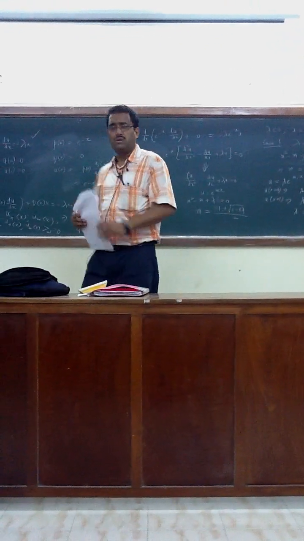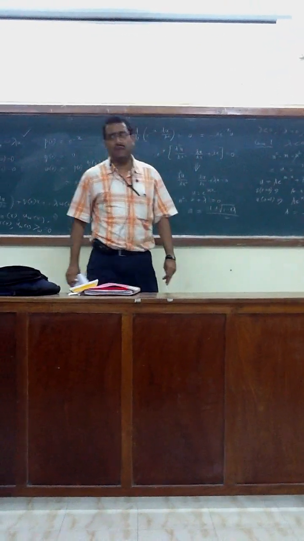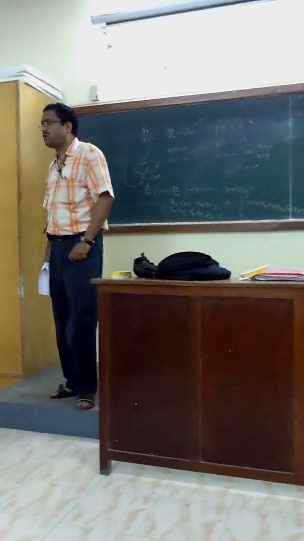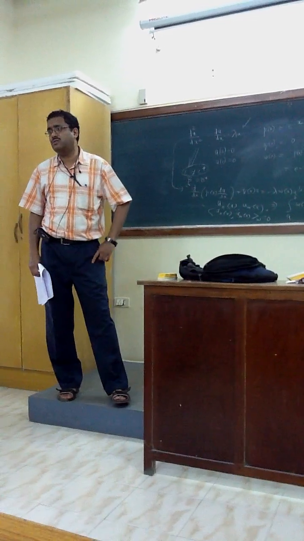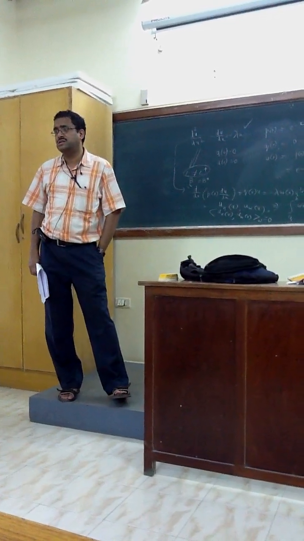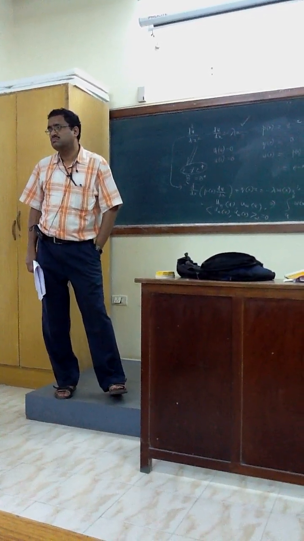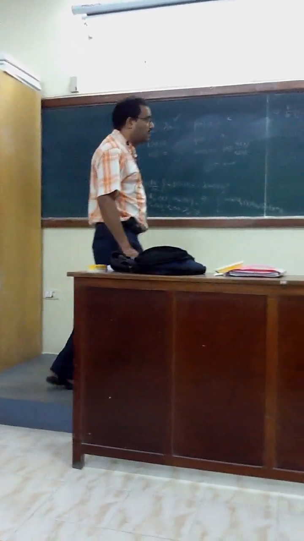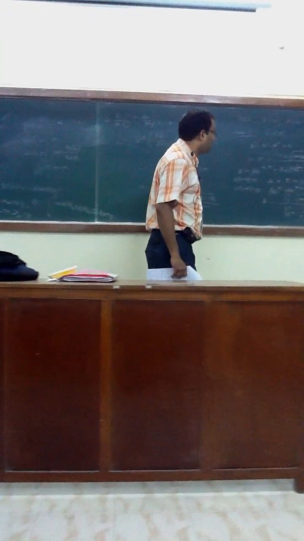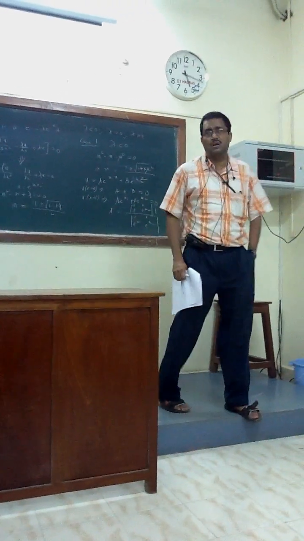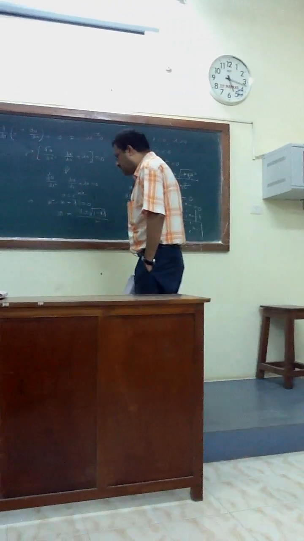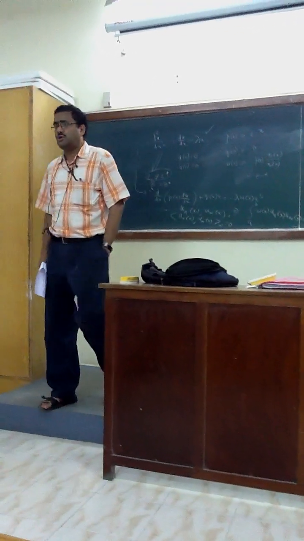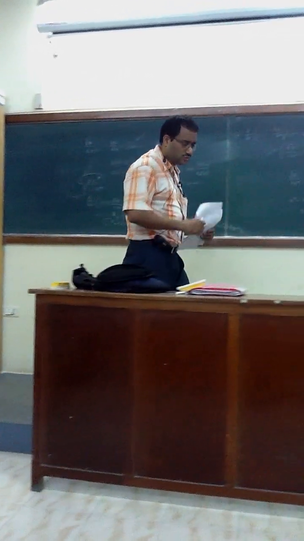You can see both a and b are becoming 0. That means lambda less than 0 cannot be a candidate for the eigenvalue because the eigenfunction is coming 0. This is a very low level thinking, but I feel that this kindergarten level of thinking is required to find out the eigenvalues or to visualize the eigenvalues.